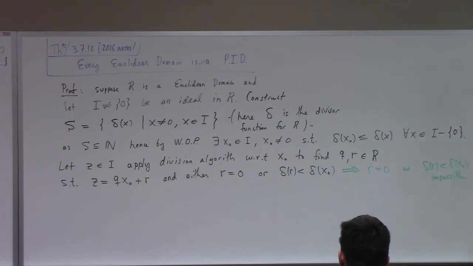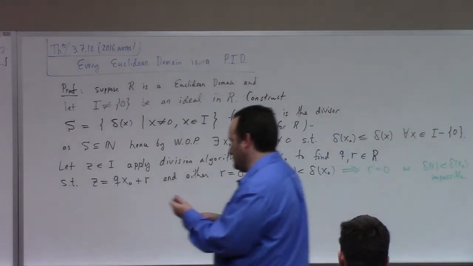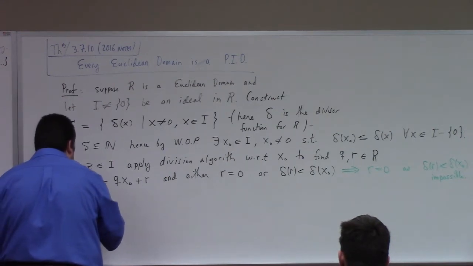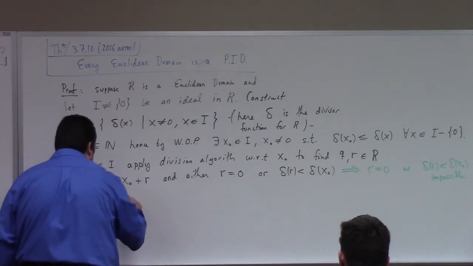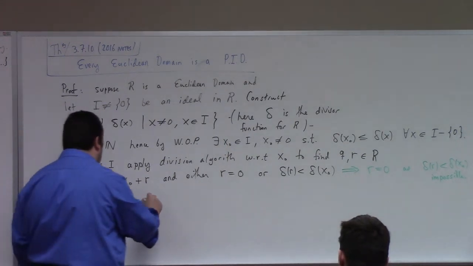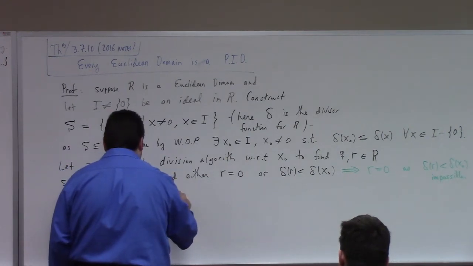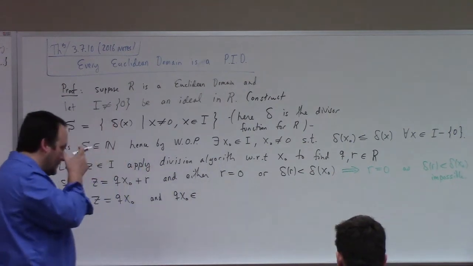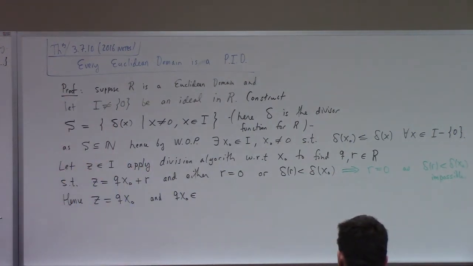So if r is equal to 0, what do we have? Hence, z is equal to qx naught, right? But more than that, you might notice that qx naught is an element of what? The principal ideal generated by x naught.